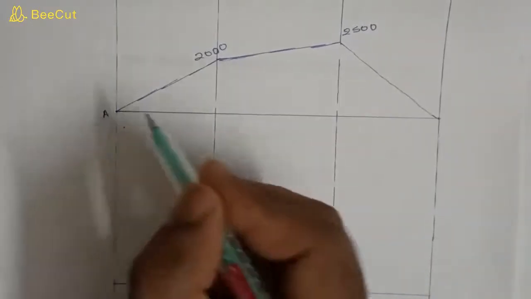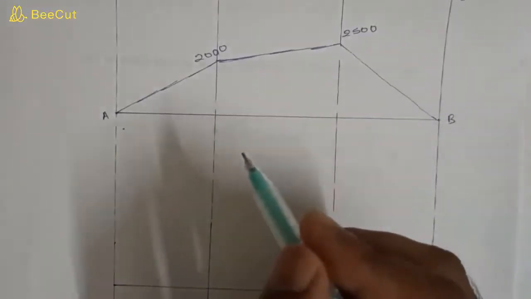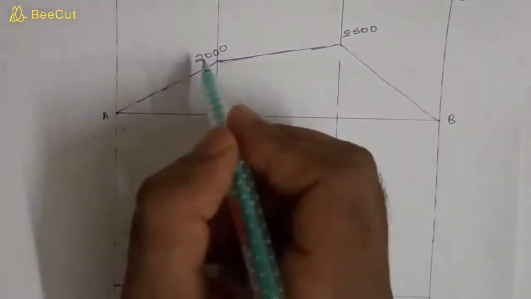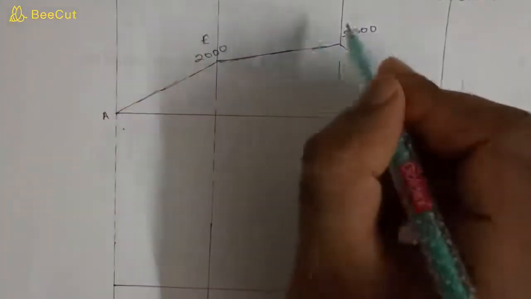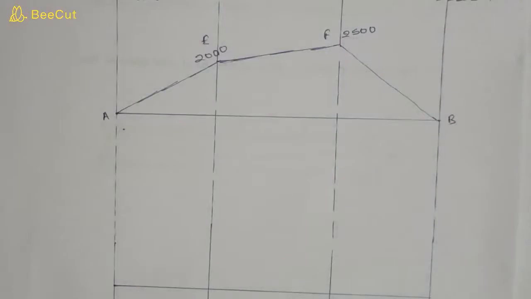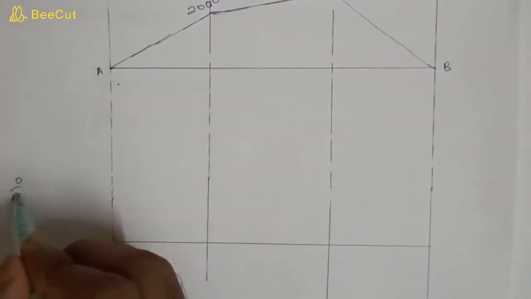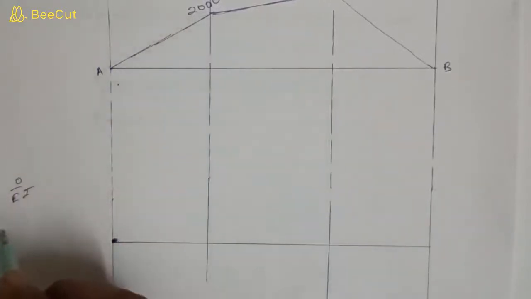This was corresponding to A, this was B, and this was suppose E and F. Then the conjugate beam load here will be 0 upon EI, so it will be 0, and here it will be 2000 divided by EI.